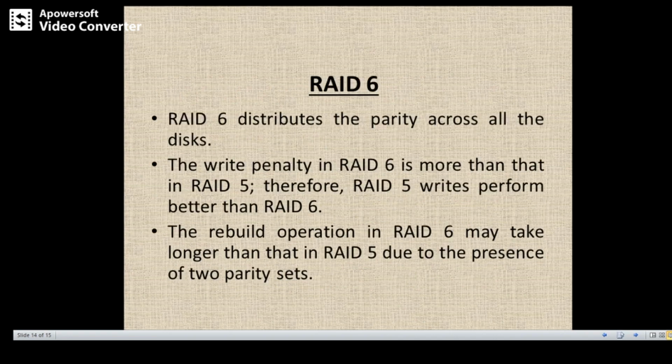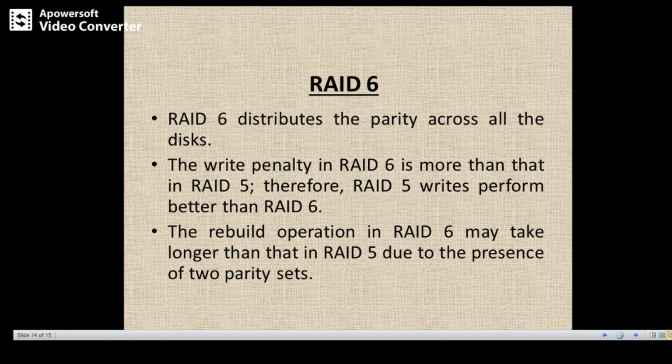RAID 6 distributes the parity across all the disks. The write penalty in RAID 6 is more than that in RAID 5. Therefore, RAID 5 write performance is better than RAID 6. Rebuild operations in RAID 6 may take longer than in RAID 5 due to the presence of 2 parity sets.